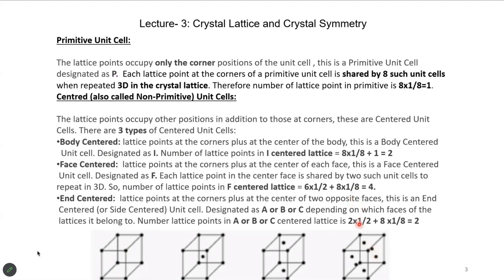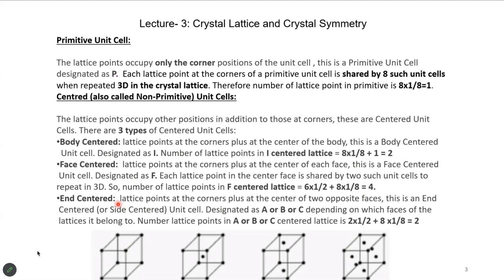Mind this: every face will be shared with a face of another unit cell of the crystal lattice. So in the face-centered lattice, we have 6 faces. In every face we have a lattice point, and therefore 3 lattice points here. And for the corners, we have 1 lattice point. So we have 4 lattice points in the face-centered lattice.